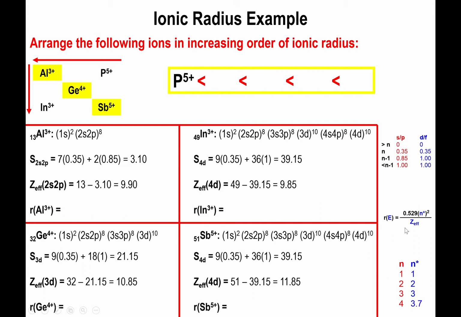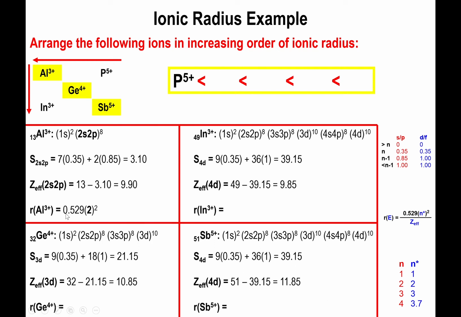In this case, we'll be looking at the ionic radii, and also the principal quantum number, the effective principal quantum number table. So looking at aluminum, we are dealing with 2s and 2p electrons. The value of n for 2 is the same as n star, or rather n star is the same as n.